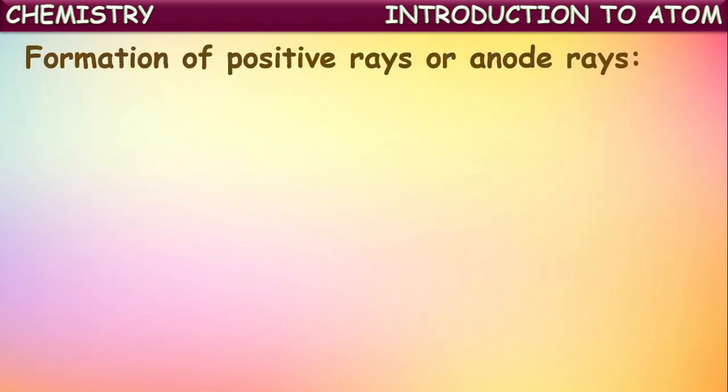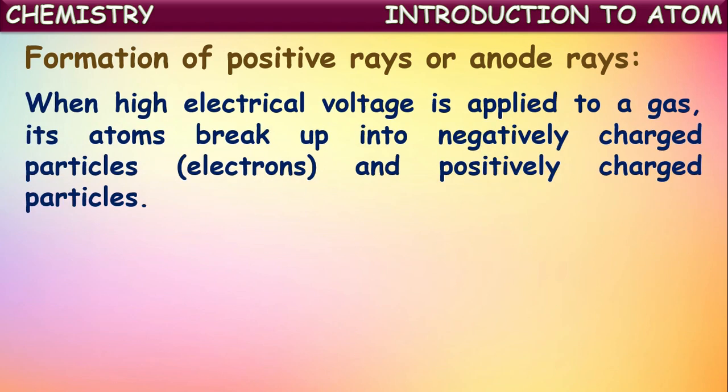Now let us see how these positive rays, these anode rays, are formed. When high electrical voltage is applied to a gas, its atoms break up into negatively charged particles and positively charged particles. This happened in the discovery of cathode rays also. High voltage current is applied on a gas at very low pressure, and the gaseous molecules split up into positively charged and negatively charged particles.